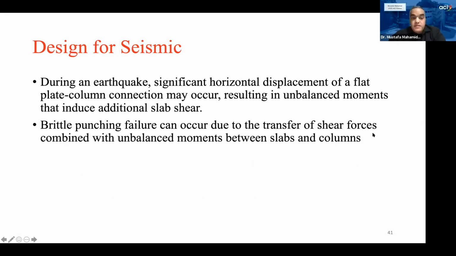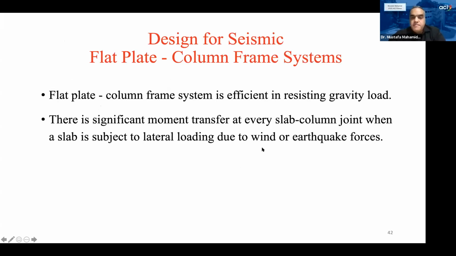We have brittle punching shear that can occur due to the transfer of the shear forces with the unbalanced moment, as we discussed. And a flat plate column frame system is efficient in resisting gravity loads, not seismic loads, and there is significant moment transfer on the slab column joint when a slab is subjected to lateral loading due to wind or an earthquake. So we will have a behavior like that.